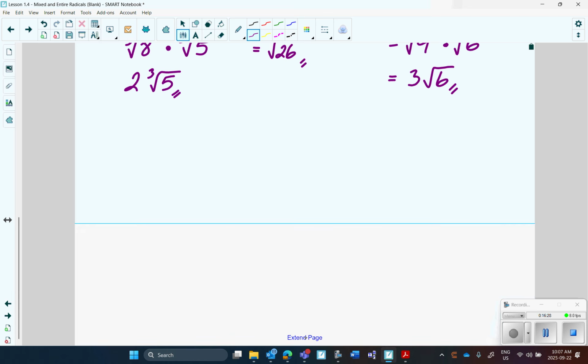And that's done because you can't simplify. Just below here. Do that one for me. So right away, square root times square root would be 4 and then 3.